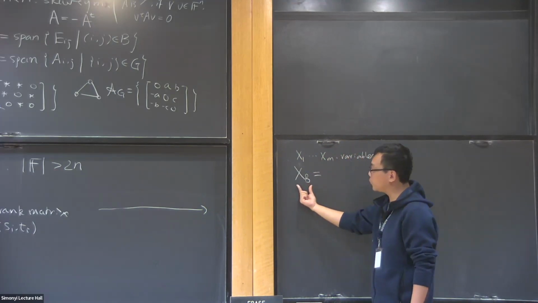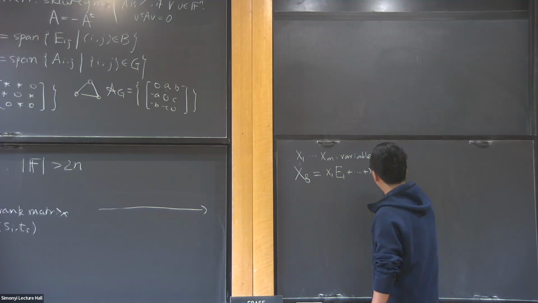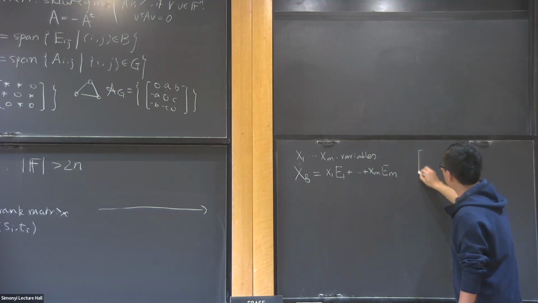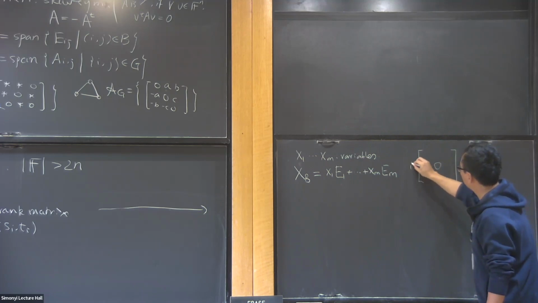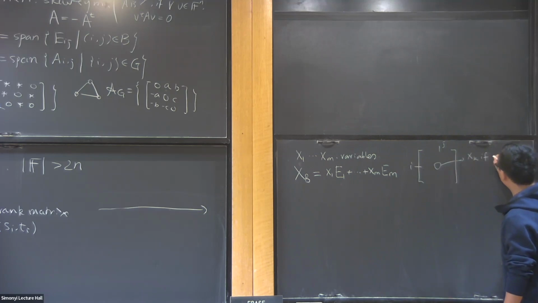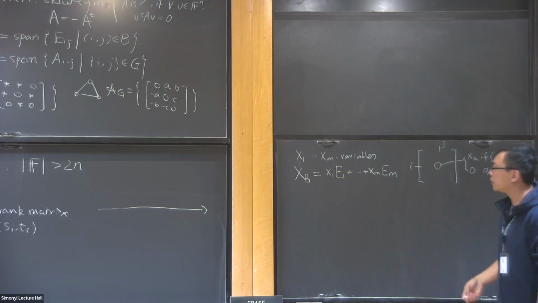XB will be essentially just x1 E1 plus up to xm Em. So what is XB? XB is essentially this matrix where the ij position is xk if ij is an edge, and 0 otherwise. Okay, so now it's a matrix of variables.